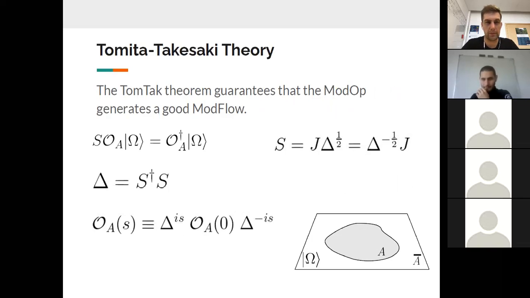So is S like the evolution time which we use in the unitary picture, meaning the time we evolve unitarily in quantum mechanics? Yeah, it's not a time evolution.